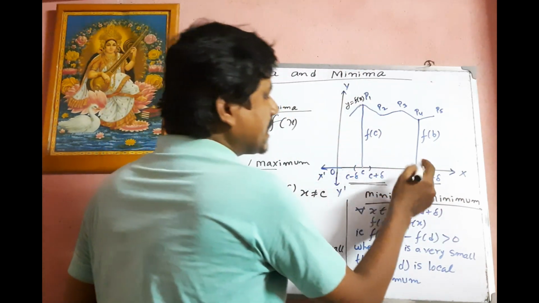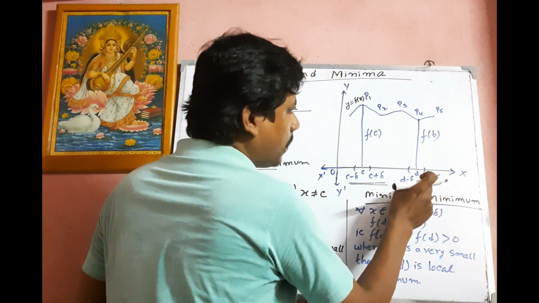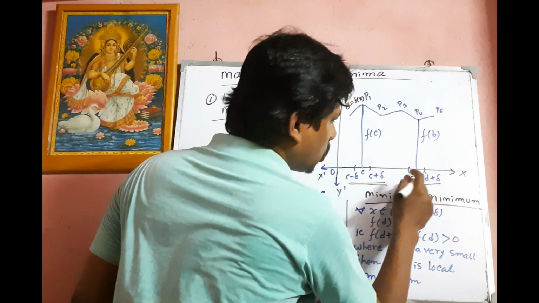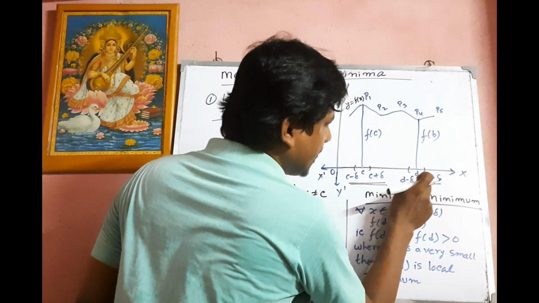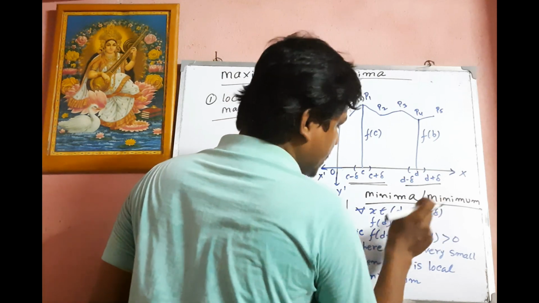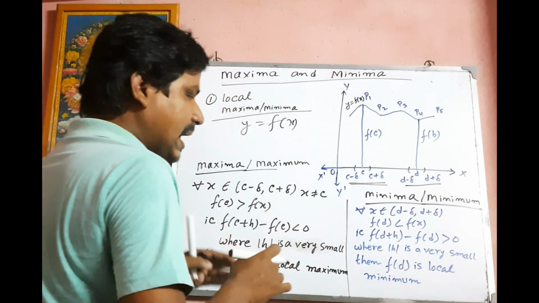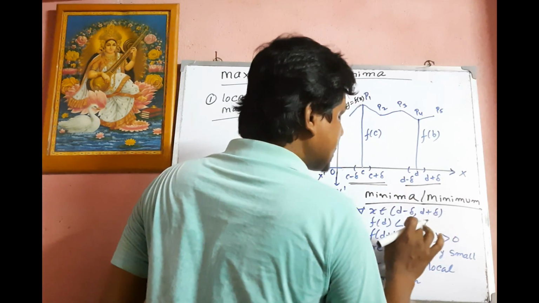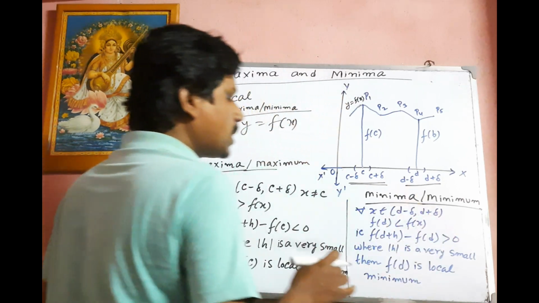Now if we discuss the interval of d, for all x belonging to this interval d minus delta comma d plus delta, then we can say f of d is always less than f of x.